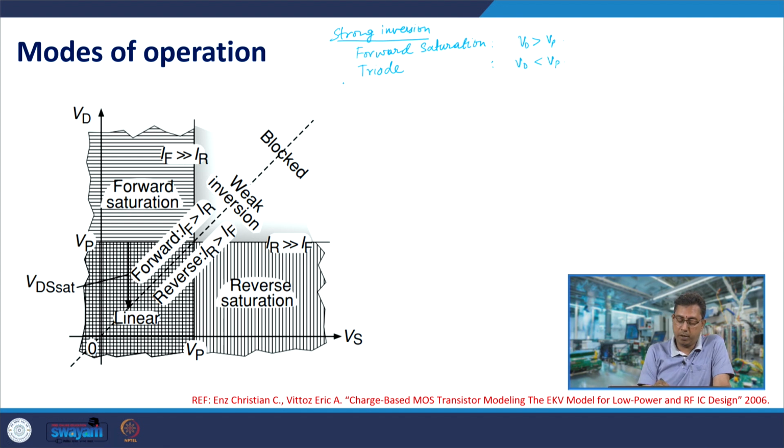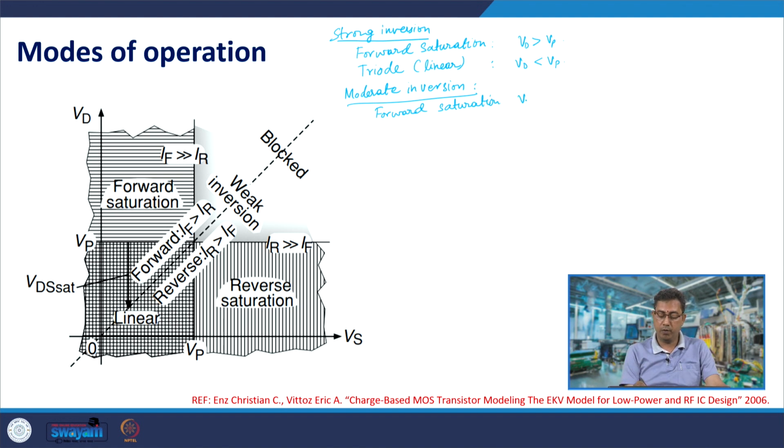Okay. And suppose you are operating in moderate inversion, so in forward saturation the drain voltage would be larger than or equal to the pinch off potential chi p. So, in moderate inversion, the local channel potential is of the order of V p.